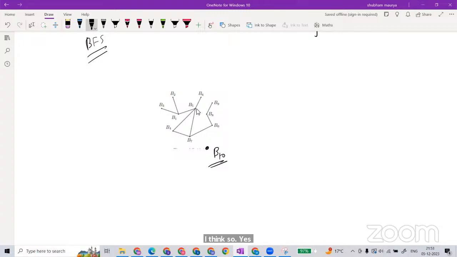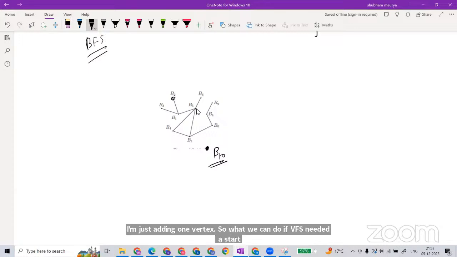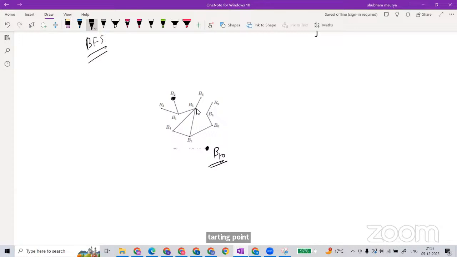Suppose I'm just adding one vertex. BFS needs a starting point, so suppose I choose the starting point vertex B1. The BFS algorithm will slowly reach all vertices, and also it will reach B10. This way, you cannot go from here directly to here.